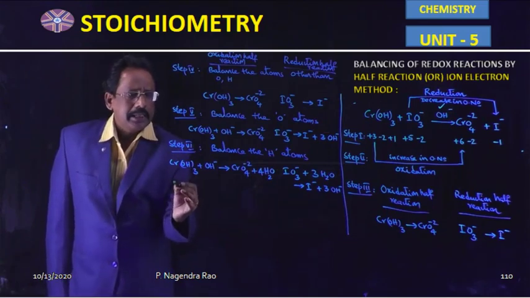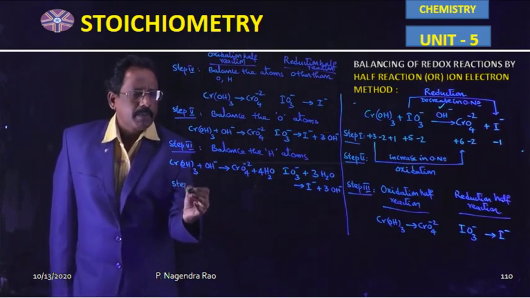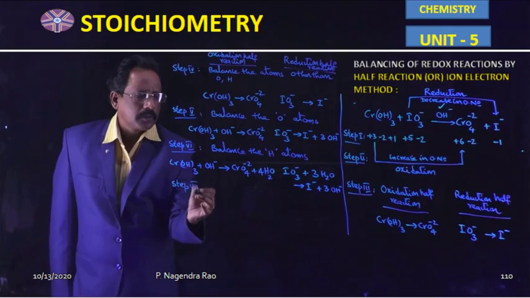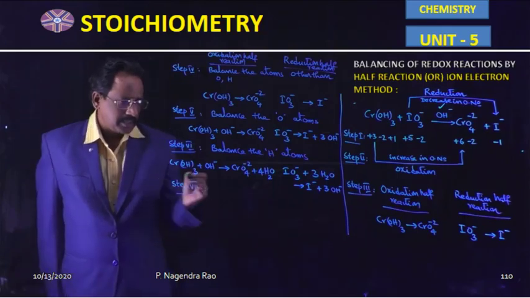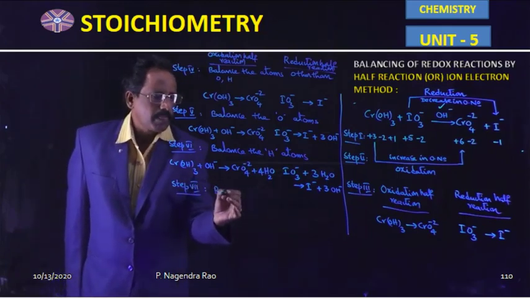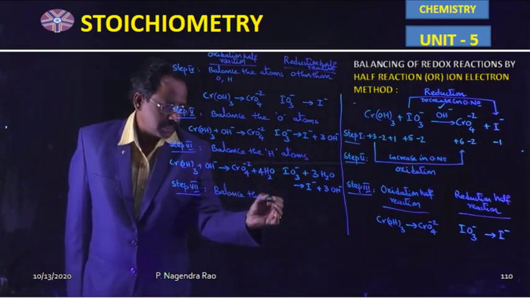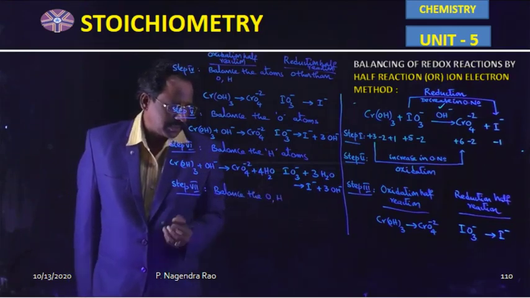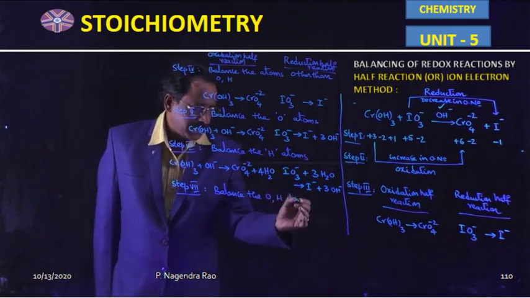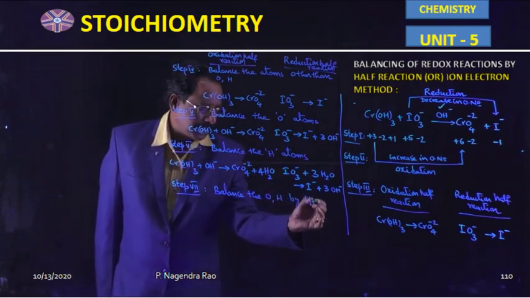That's why the next step is to balance the oxygen, hydrogen by hit and trial method.